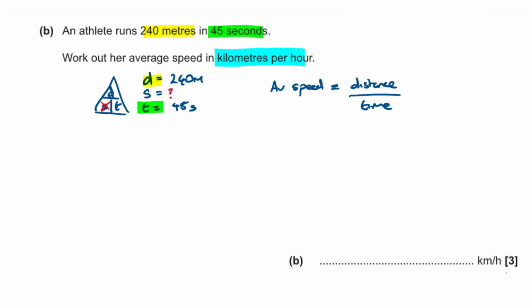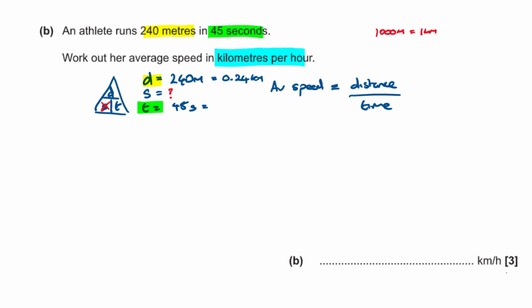So 240 meters, what's that in kilometers? There are 1,000 meters in a kilometer, so I need to divide 240 by 1,000, don't I? That's going to give me 0.24 kilometers. And then time, 45 seconds. What is that in hours?